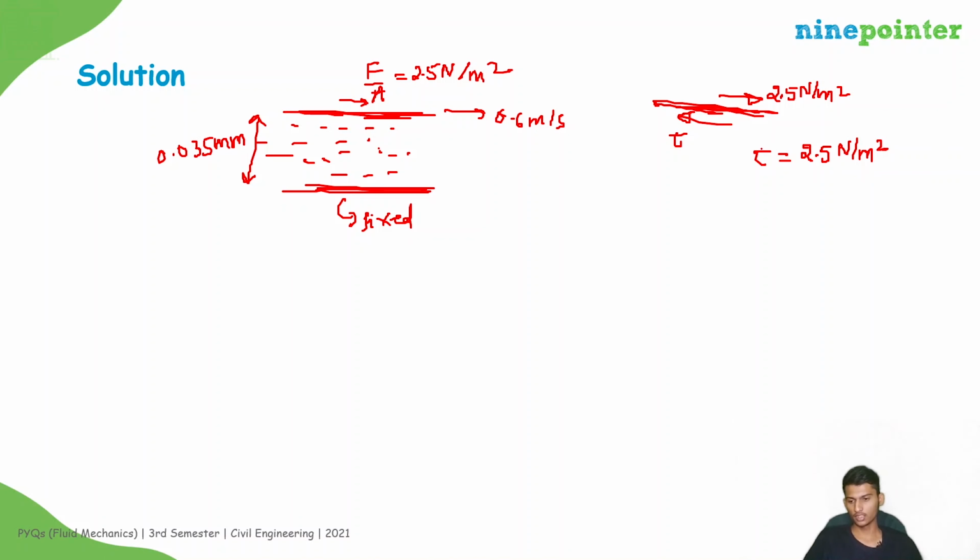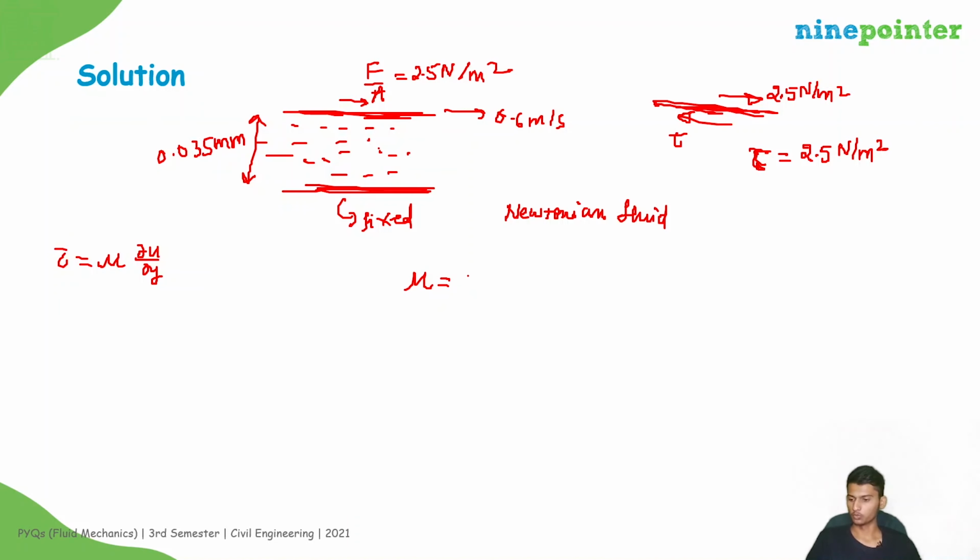So the shear stress at the plate on the fluid is 2.5 Newton per meter square. About the fluid, nothing is mentioned, so we generally assume Newtonian fluid. For a Newtonian fluid, tau equals mu into dou u by dou y.